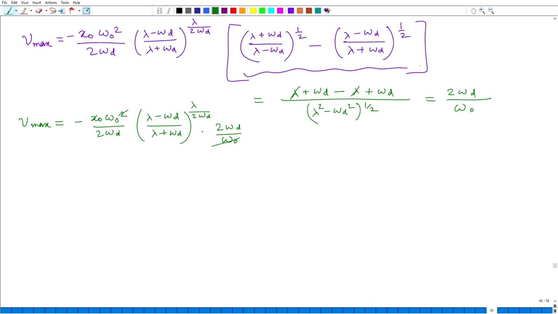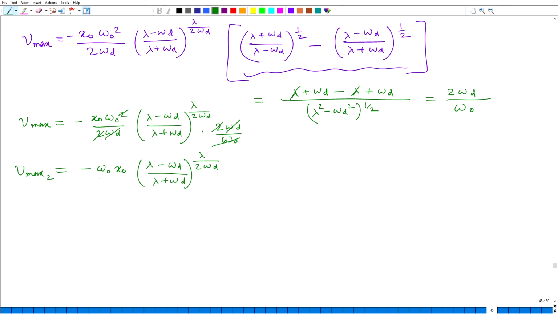One omega 0 I can cancel, omega d go away, 2 go away. Then I finally will have minus omega 0 x 0, okay, lambda minus omega d by lambda plus omega d whole to the lambda by 2 omega d. So, this is my V max.